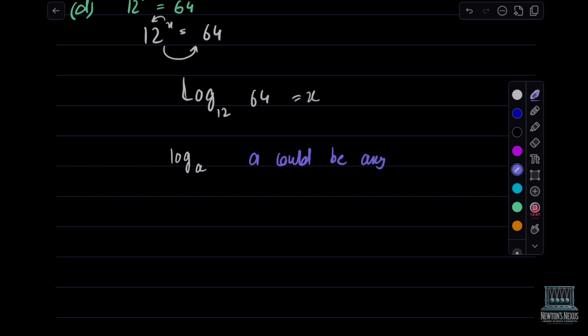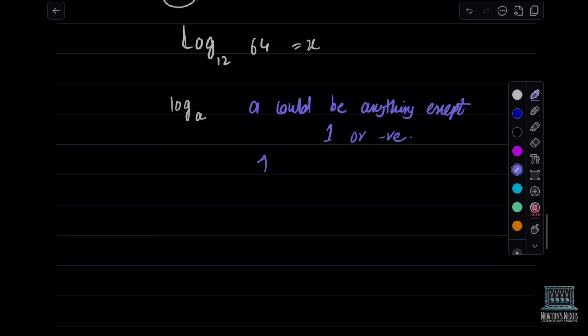except, as we have discussed above, anything except 1 or negative. Well, if the base is 10, we refer to it as LG.